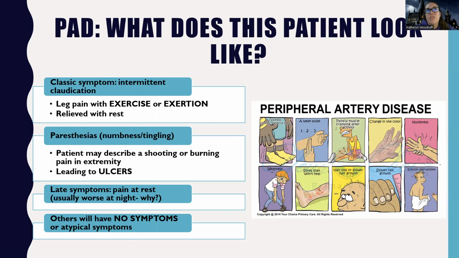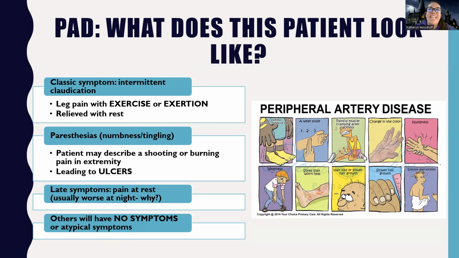And you have to think about this for a few reasons. First, the position we lie in. We lie flat in bed usually to sleep, and because you don't have that dangle for arterial, you're not going to have that same ability for flow. But also your cardiac output decreases at night. Your body shunts blood to your rest and digest systems, so you're already going to have decreased flow to those peripheral extremities.